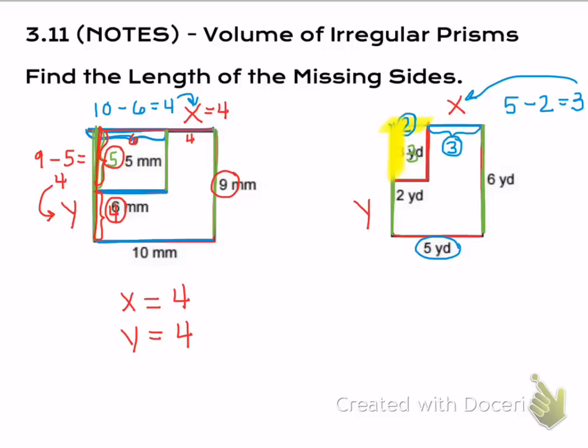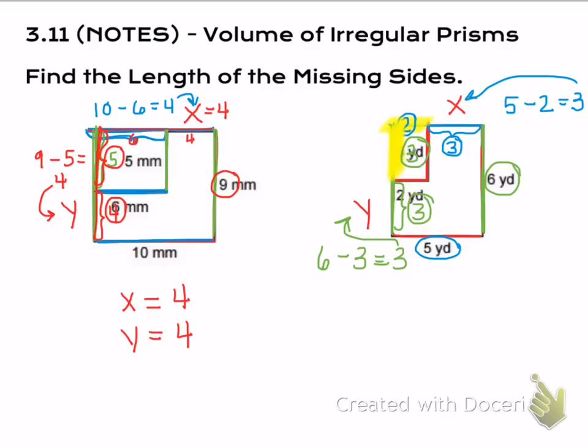So the whole piece is 6, and what I have is 3. So I have to take 6 minus 3, and what I have left is 3. So this missing piece is 3. Again, if I say this piece is 3, I see that 3 and 3 equal the 6 that it should be.